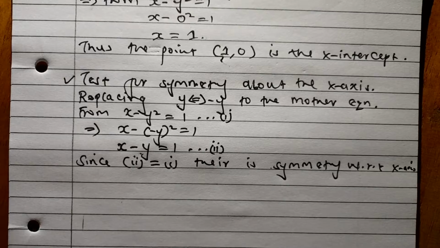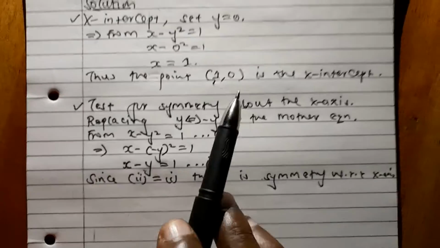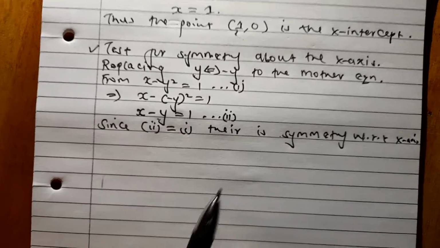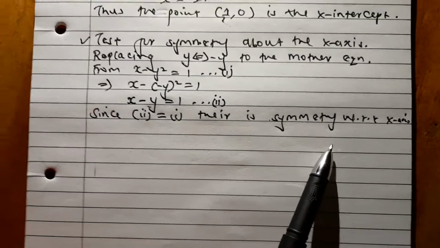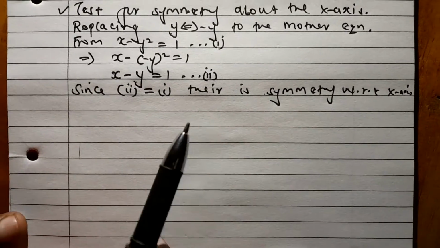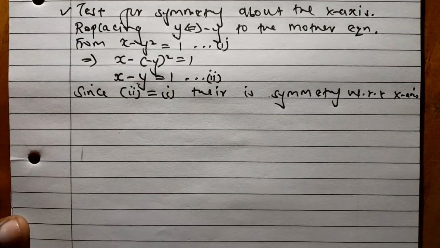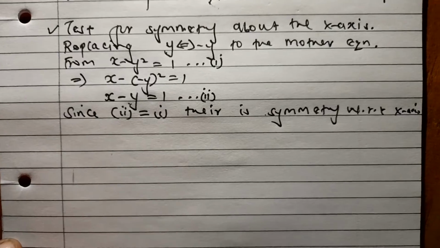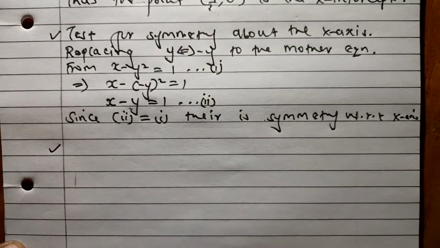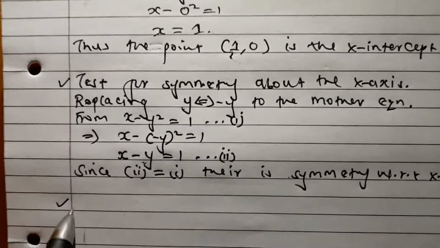Now that we have the x-intercept and the symmetric property, we can go ahead and sketch the graph. All we need are a few points, as in point plotting, when sketching the graph.